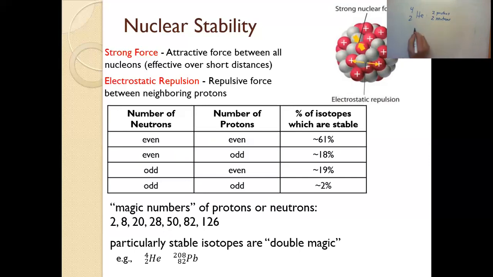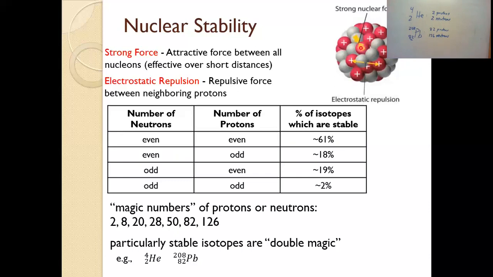With lead-208, it has a magic number of protons, 82, and 208 minus 82 is 126. So 126, notice, is also a magic number of neutrons. These are expected to be, and are observed to be, especially stable isotopes.